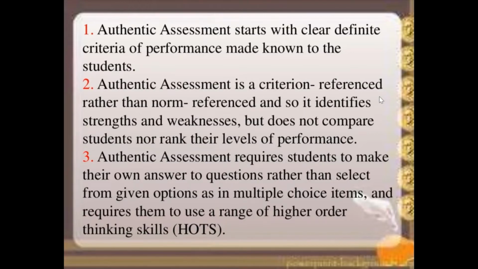So that means it identifies the student's specific strengths and weaknesses but does not compare the students to other students. So for example, student A will not be compared to student B.